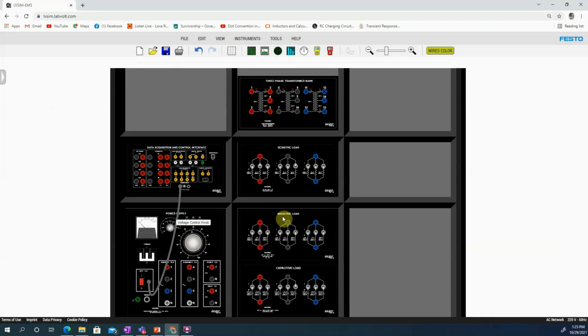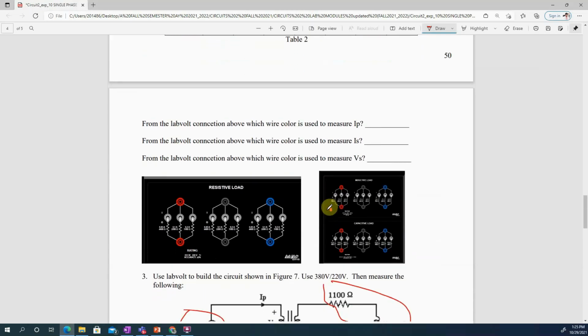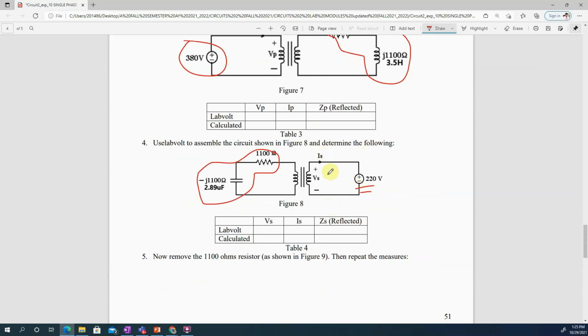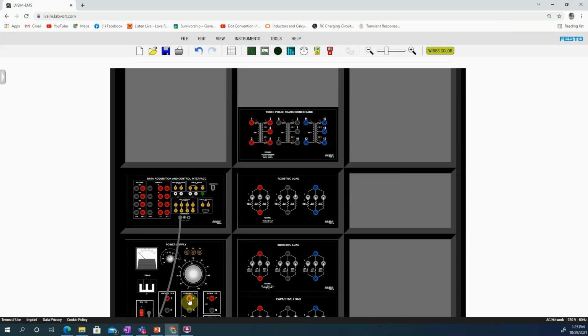Let's see, we will adjust later. So we will have 220. We can connect it here, but we will not connect there. Let's see the drawing. So we will have it directly there, and there is no impedance, so directly connected here.